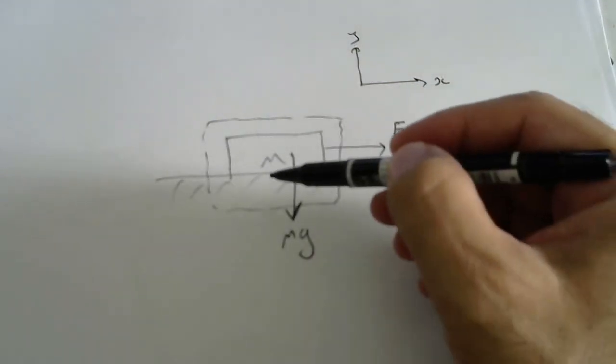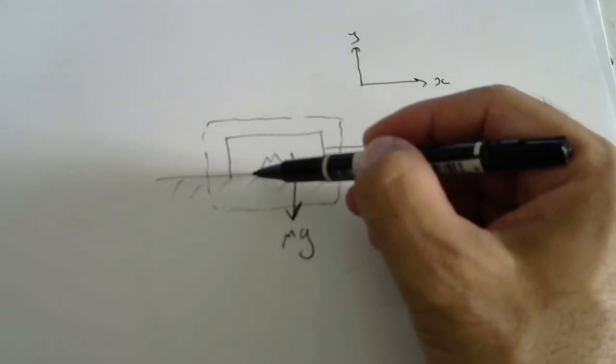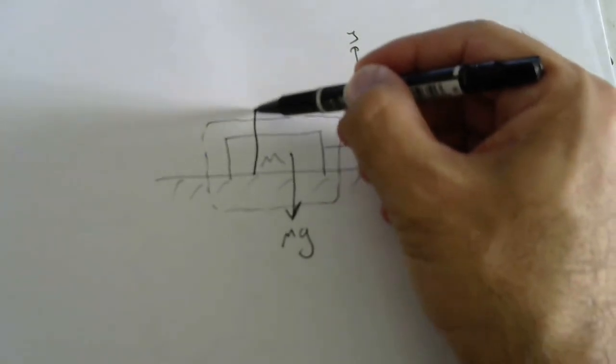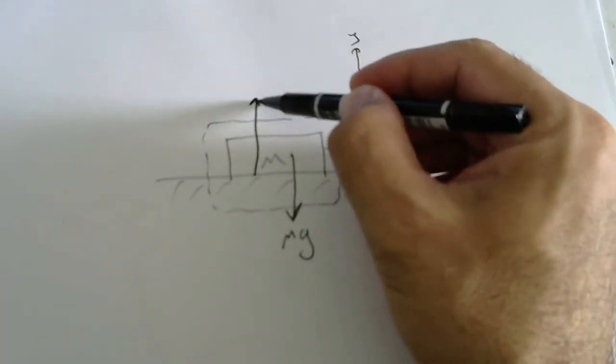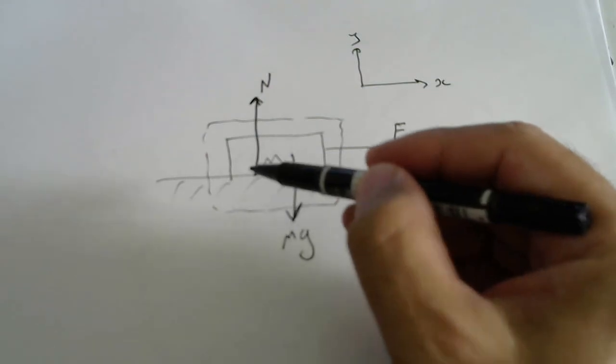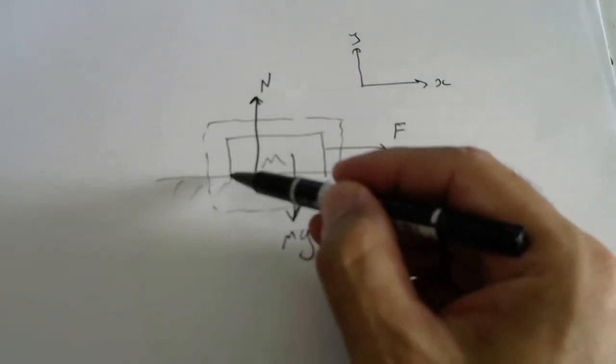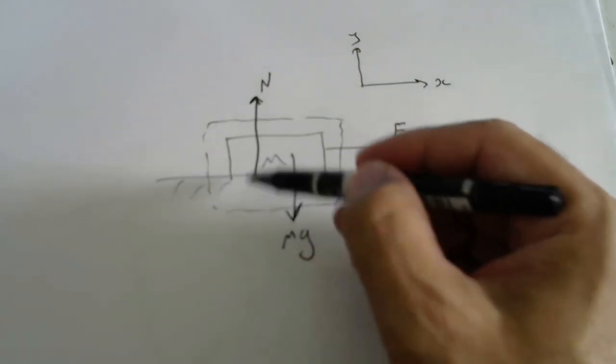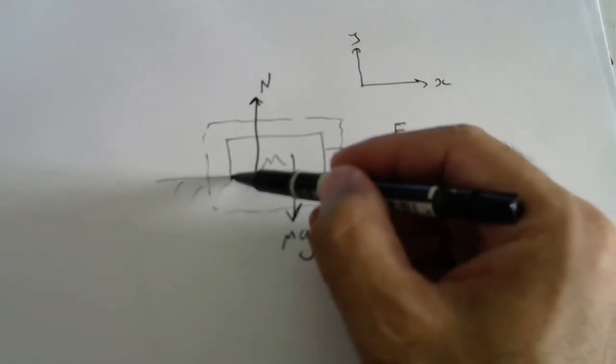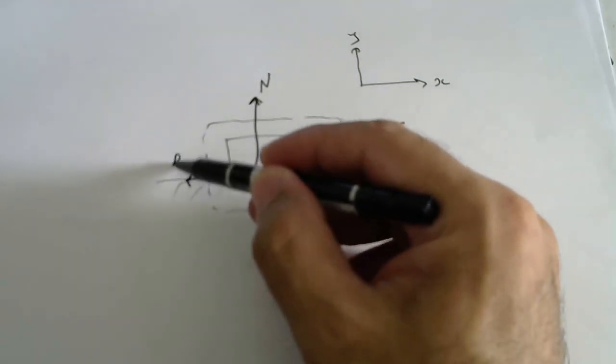The surface acts on the object at the point of contact, and normal. This is very important: normal to the surface at the point of contact. Then you might have a frictional force between the mass and the surface, which you assume as f.